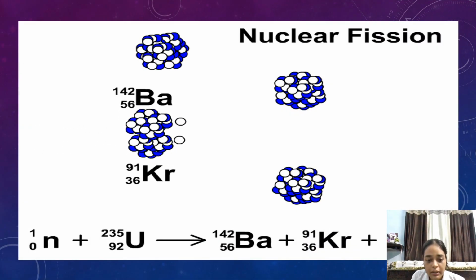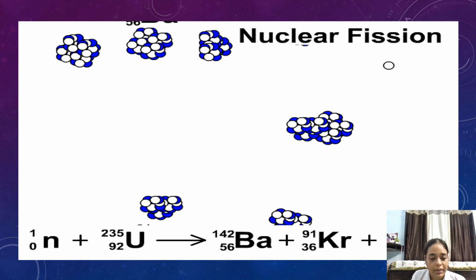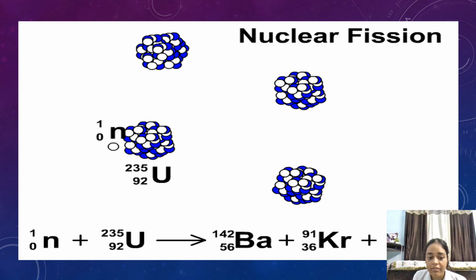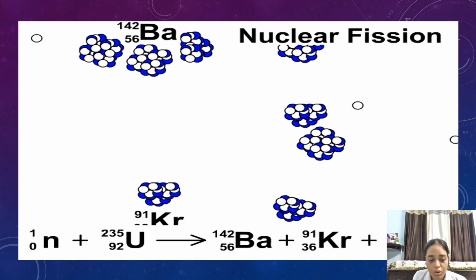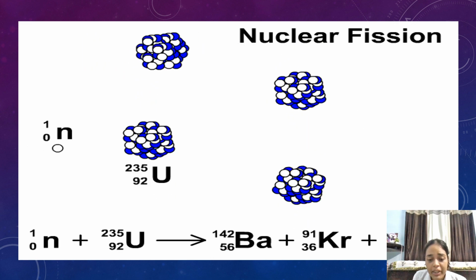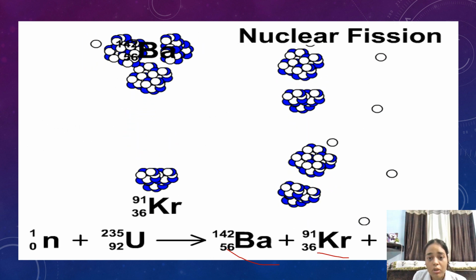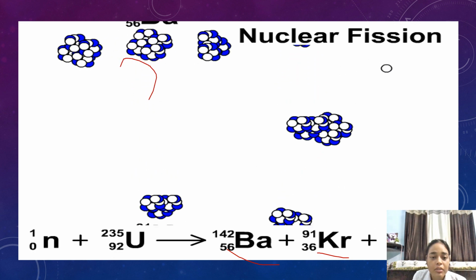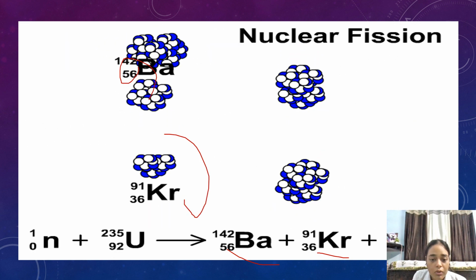Let's discuss it with one more example. Here we have taken uranium 235 combining with a neutron, which leads to the formation of barium and krypton. See here, barium is formed and here krypton.